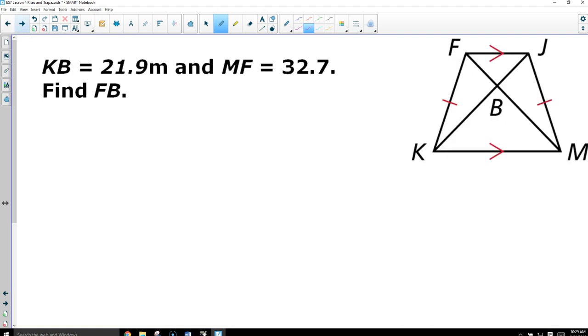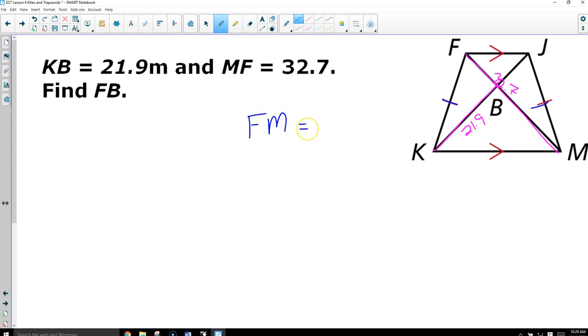Here they tell us that KB is 21.9 and MF is 32.7. Sorry, that got a little sloppy there. Find FB. So what we know is, since this is an isosceles trapezoid, because the two sides are the same, I know that the diagonals have to be congruent to each other.